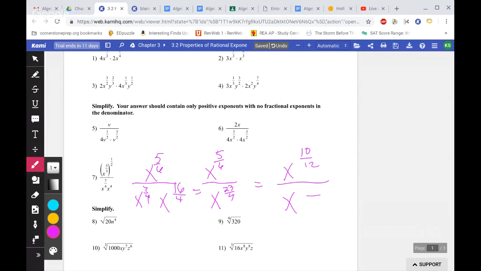And down here, 4 goes into 12 3 times, and 3 times 23 is 69. Now I'm going to subtract 10 from 69, because the quotient rule tells me to subtract, which gives me a negative 59. That tells me it's going to be in the denominator. So I have x to the 59th over 12.